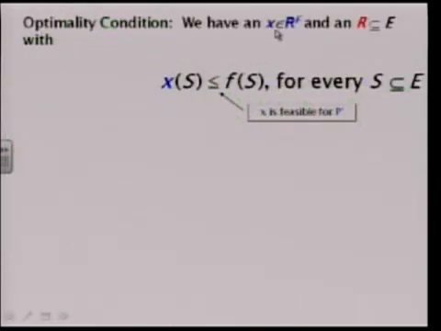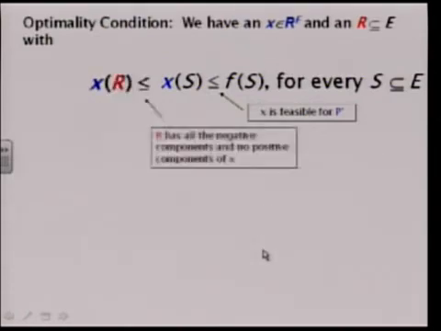And of course, the first thing is to prove there's a way to always control your feasible set with limited complexity. And Schrijver's work did that by showing that, in fact, it is possible, where he can find the best subset that has all the negative components and no positive components on X, where this function can be lower bounded by that.